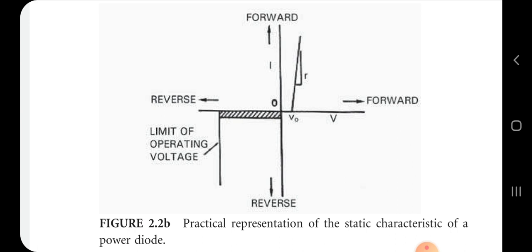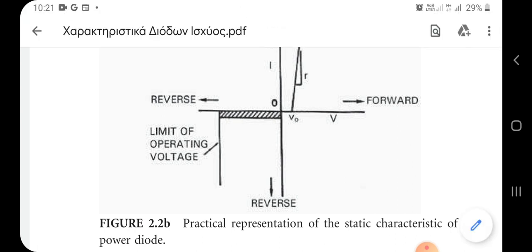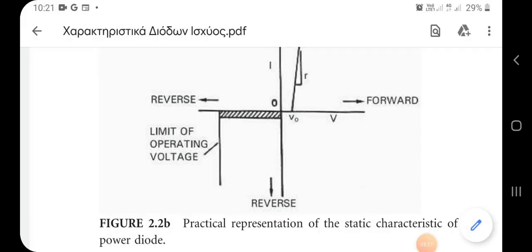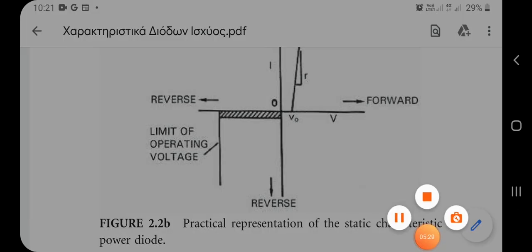Due to this, the power diode may be damaged or destroyed, but in the forward bias it will start conducting. So we need a maximum voltage in the forward biased condition. So this is about the characteristics of the power diode.